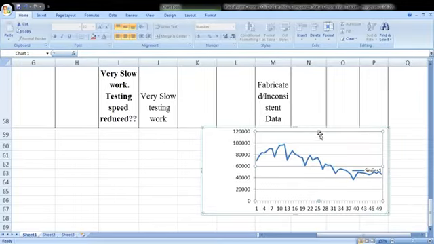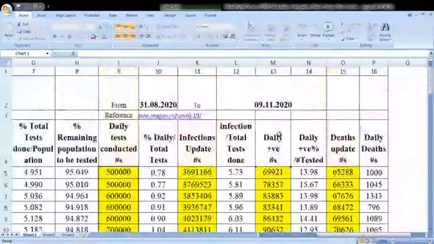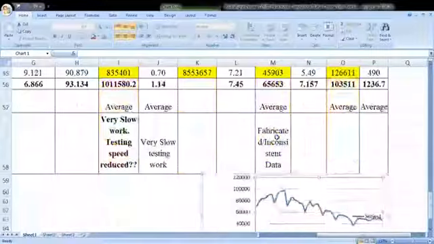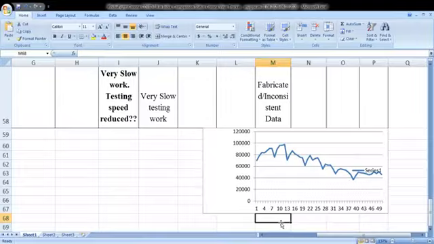This is an important point: daily positive. If you issue the graphics, daily positive, COVID-19 positive, the COVID-19 positive graphics curve.